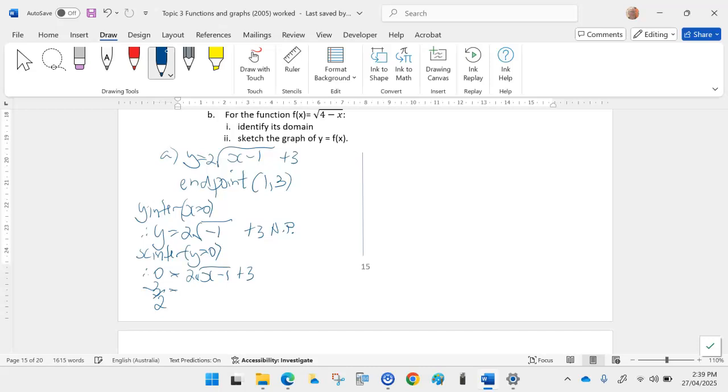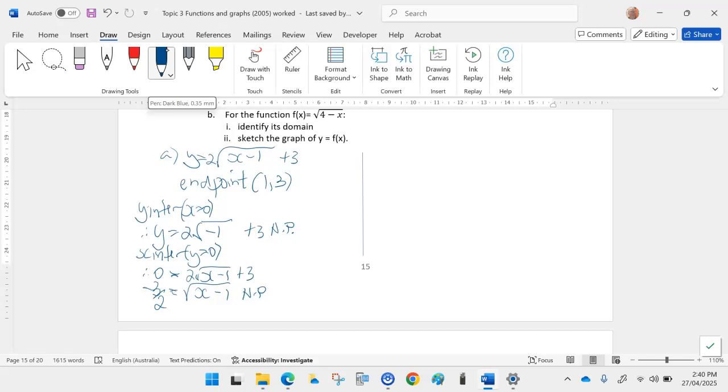I'll get negative 3 on 2 is equal to the square root of x minus 1. Do I need to go any further? Can you find the square root of anything and make it equal to a negative value, like negative 3 on 2 or negative 1.5? No, that's not possible. So that means that there's no x-intercept as well. It doesn't cross the y-axis. It doesn't cross the x-axis.